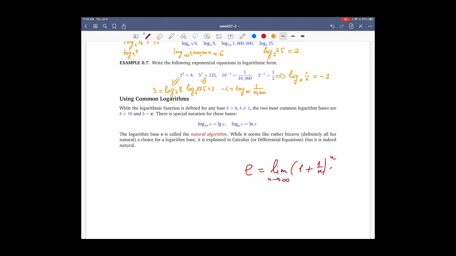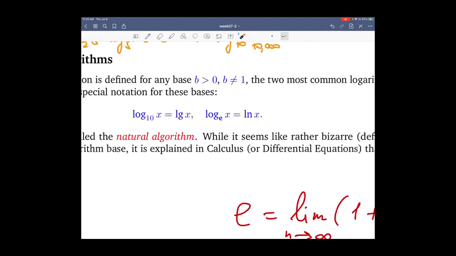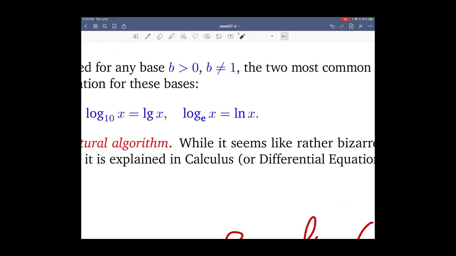That special number e, which is roughly 2.71828, is definitely positive and different from 1. So nothing prevents us from considering logarithms with that base. They are given special notation. Instead of log x base e, we will write simply ln x. N is for the word natural.